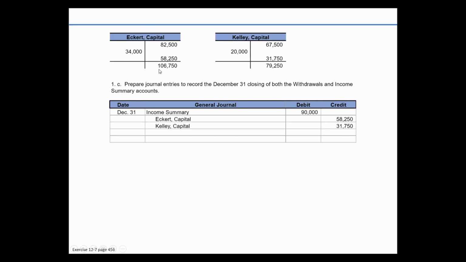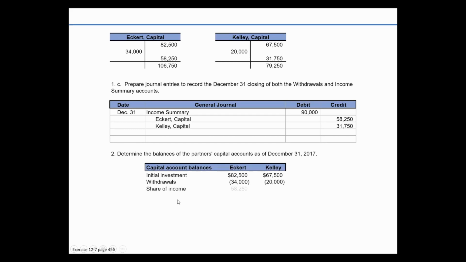We said that Eckerd has a capital balance in the amount of 106,750, and Kelly has an account balance now of 79,250. Let's calculate the balances again just to check our work. We see the initial investment Eckerd had was 82,500. Eckerd withdrew 34,000, and the share of the income was 58,250.